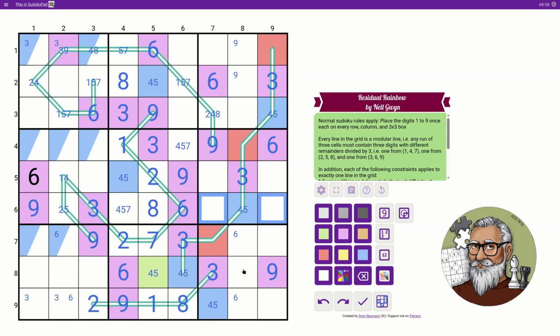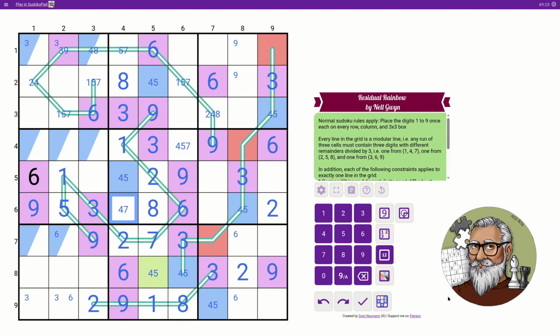Oh, that's a 2 because we need 2 here, of course. That's a 2, which means I need 2 here somewhere now. So this becomes 2. Ah, finally. 5, 1. Aha.